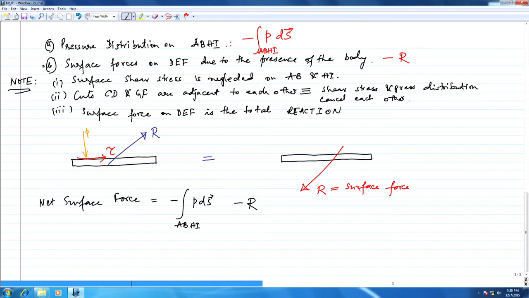Of course, we know that rate of change of momentum is equal to force. So, these are the net surface forces.